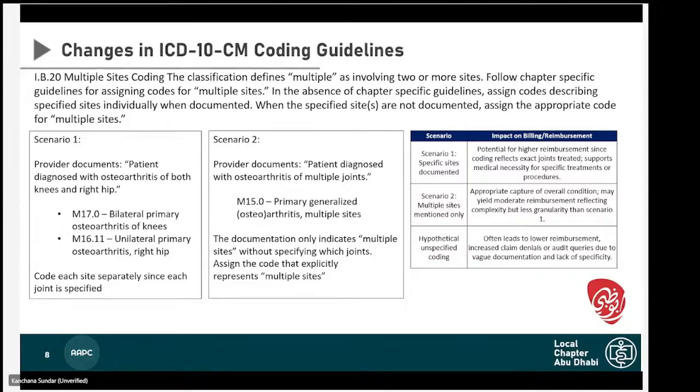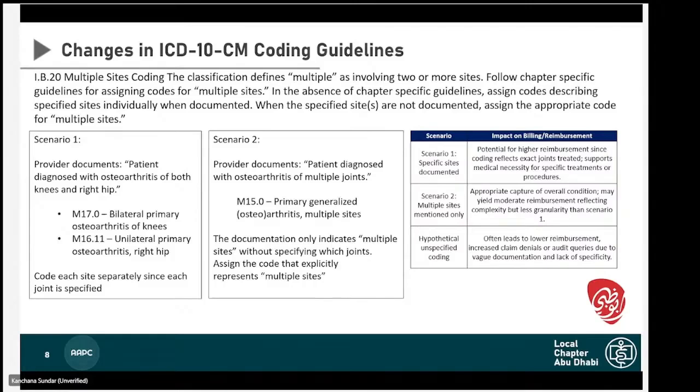Whereas in scenario 2, the provider has documented patient diagnosed with osteoarthritis of multiple joints. The documentation itself says multiple joints, and there is no specificity available. He is not talking about whether it is a knee, hip, toe. He is not mentioning it.